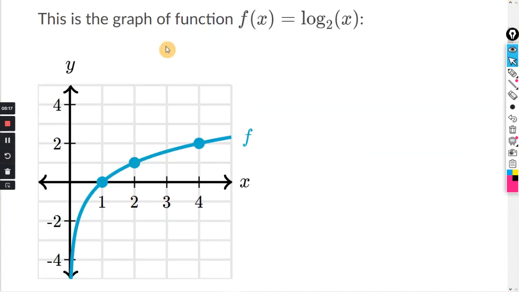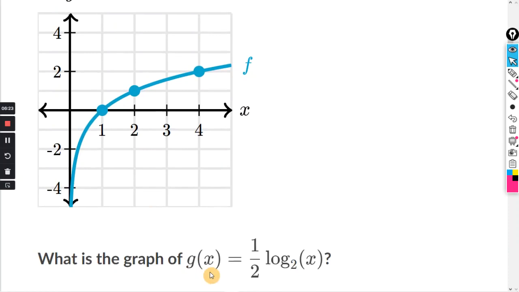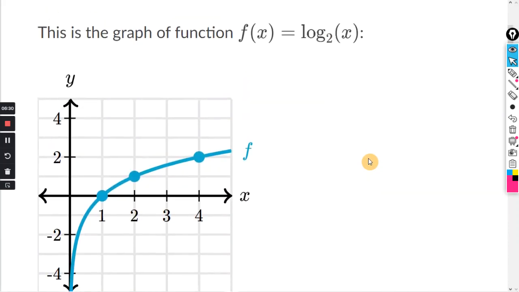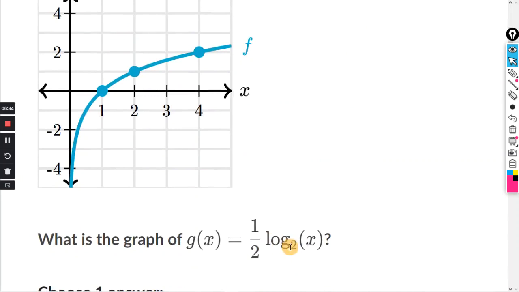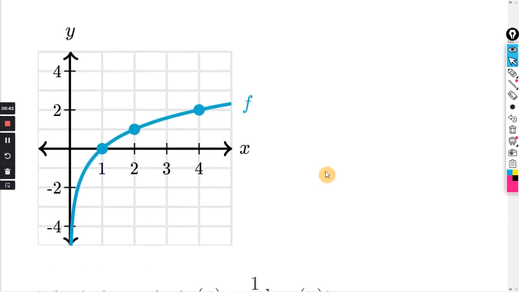This is the graph of function f of x equals log base 2 of x. What is the graph of g of x equals 1/2 log base 2 of x? Notice they took the original log base 2 of x and multiplied it by 1/2, so all of the y values are just going to be cut in half. They're going to be multiplied by 1/2 or divided by 2. We can quickly sketch this.